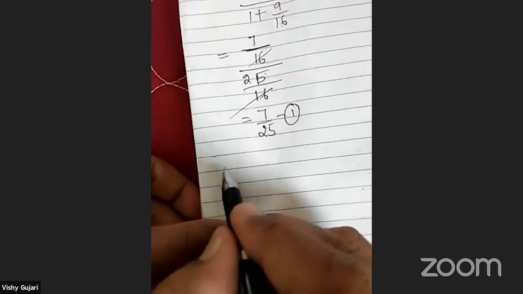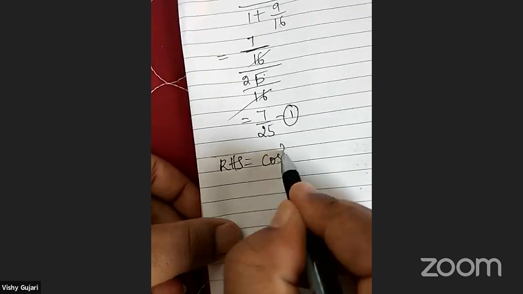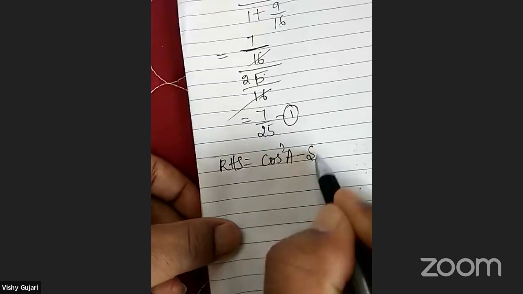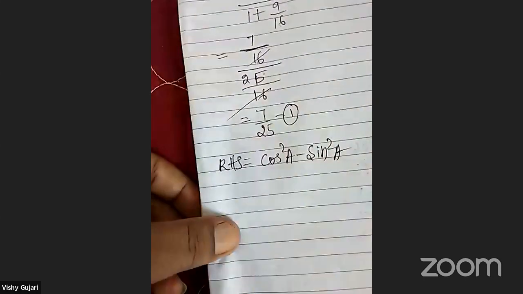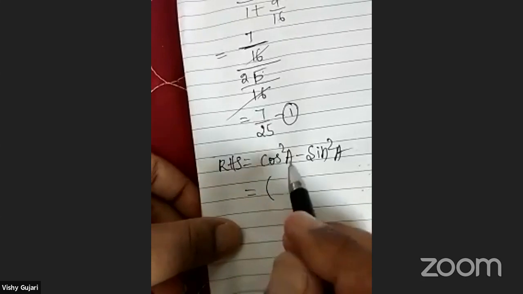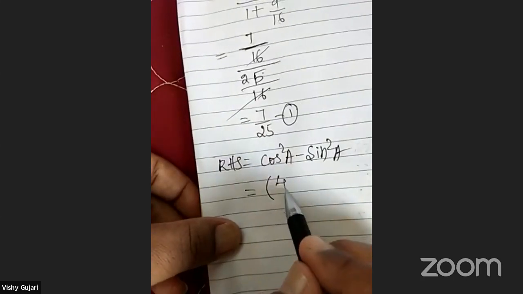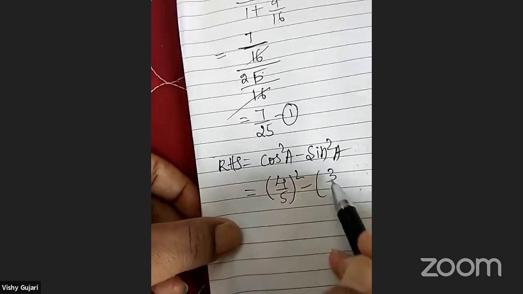Now we are moving to RHS. RHS is cos square A minus sine square A. Cos A means adjacent by hypotenuse, 4 by 5, so (4 by 5) square minus (3 by 5) square.